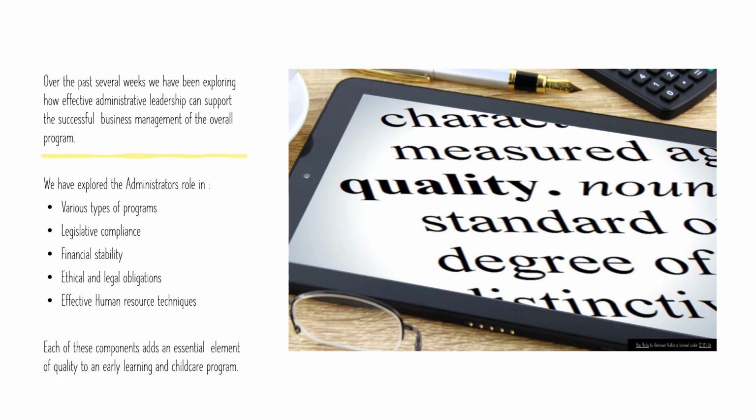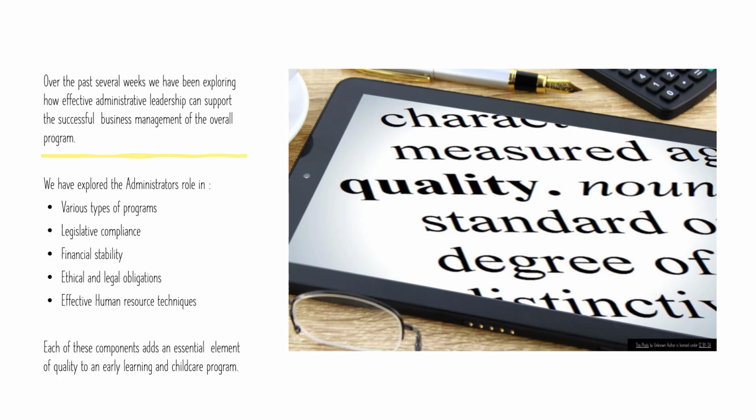We have looked at financial stability, that component around how do you create a budget that supports the financial stability of a program. And sometimes at best, a budget can be a guideline for an administrator to follow.